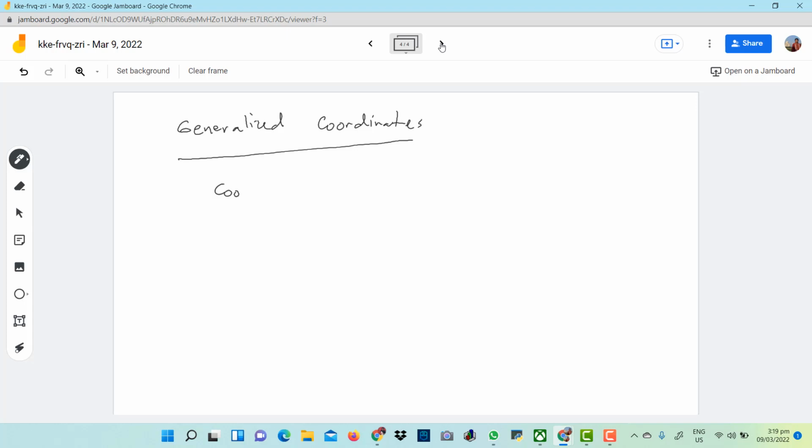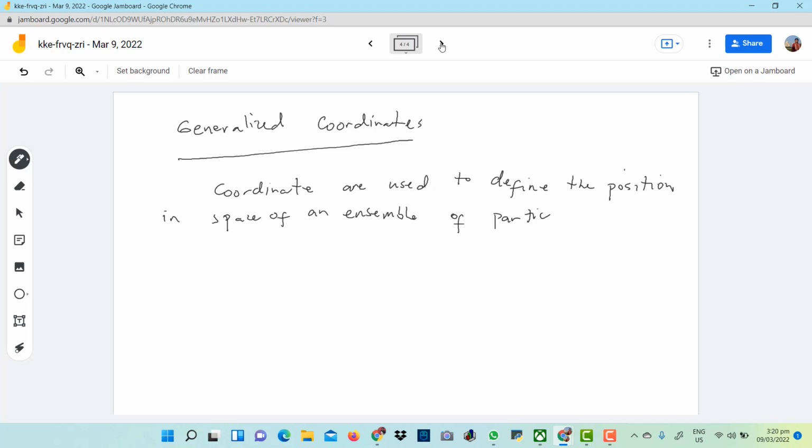Coordinates are used to define or to describe the position of a particle in space, of an ensemble, meaning the configuration of particles in your system. It depends on which kind of coordinate is best to use for our system.